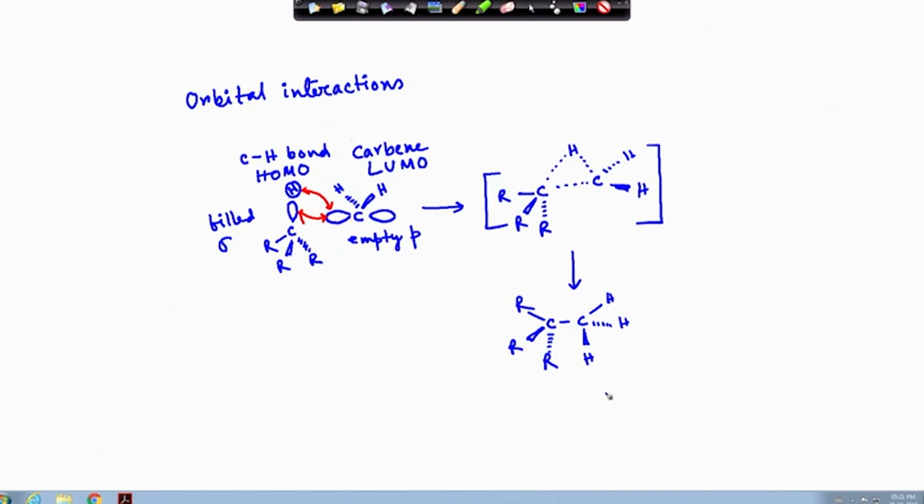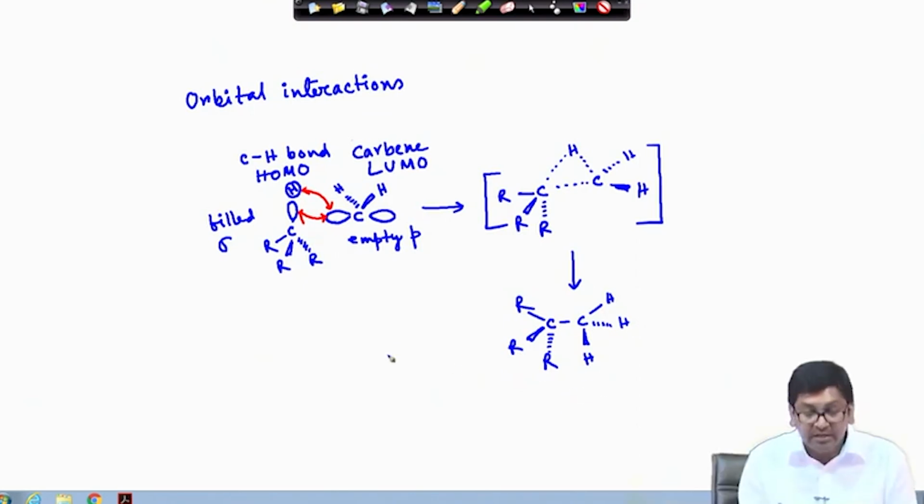Overall that means this CH2 carbene can be nicely inserted into the carbon hydrogen bond.